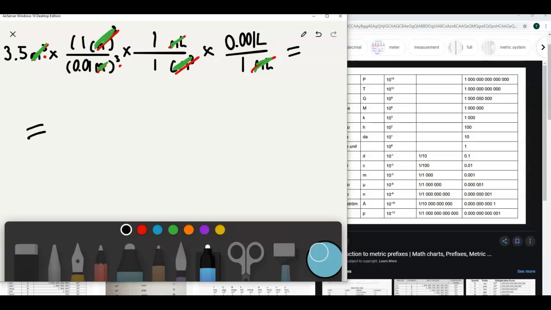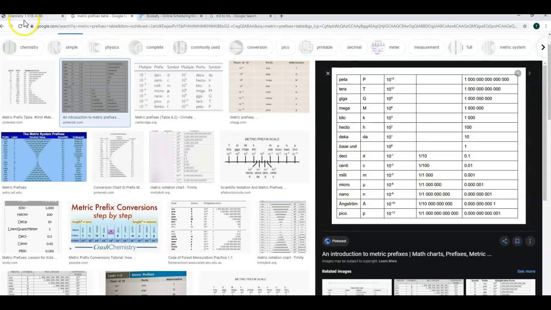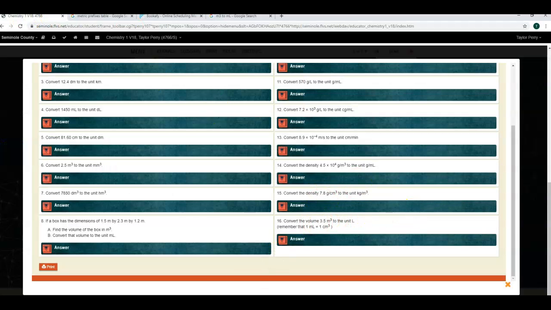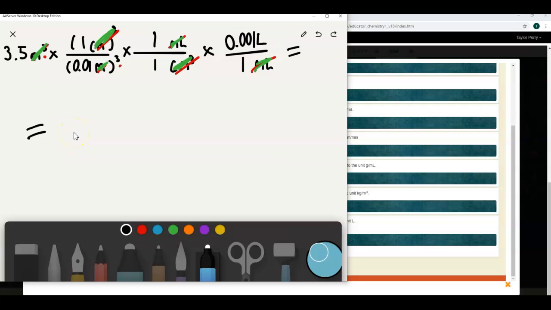The only tricky thing about this math is, remember, this value right here, this is 0.01. Remember, that's still being cubed. So just keep in mind when you do this math, it's going to be 3.5 divided by, and this is important, 0.01 cubed, times 1 divided by 1, who cares about that, times 0.001.